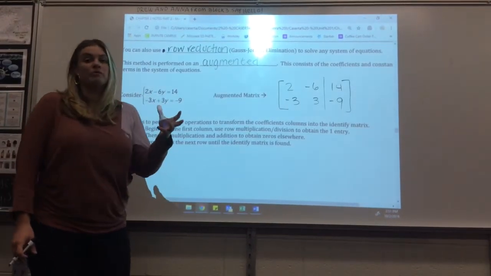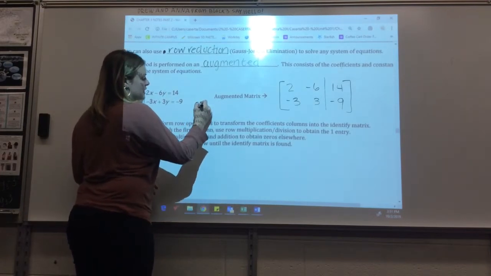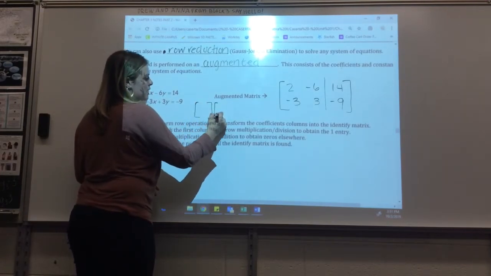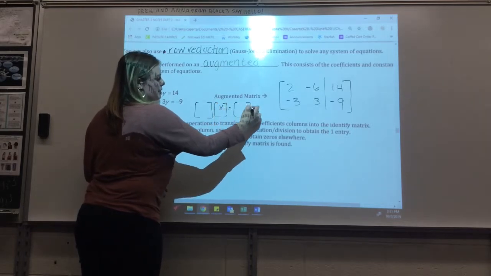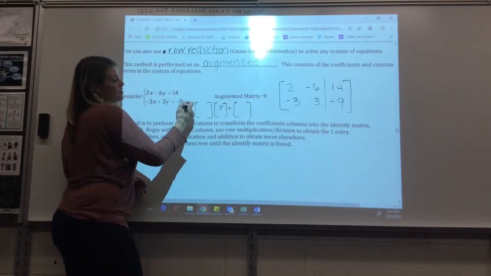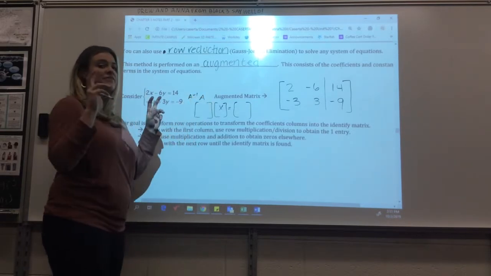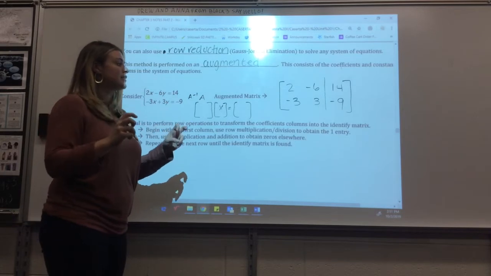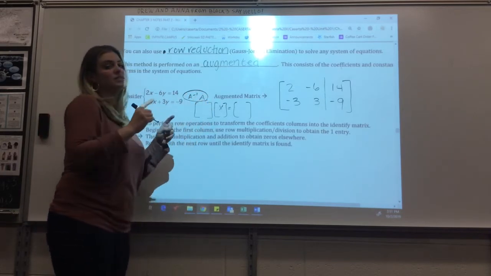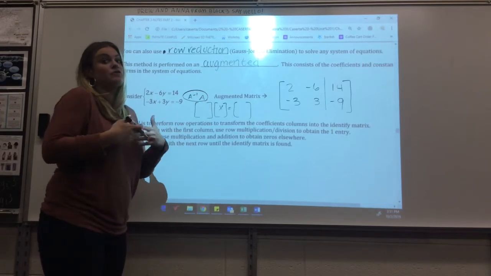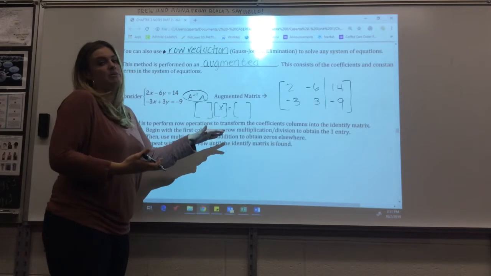When we were solving with matrices, we had a matrix multiplied by a variable matrix equaling another numerical matrix. When we solved, we received the identity, 1, 0, 0, 1. So if we multiply two matrices together and get 1, 0, 0, 1, in essence we have solved. We have isolated our variable matrix.